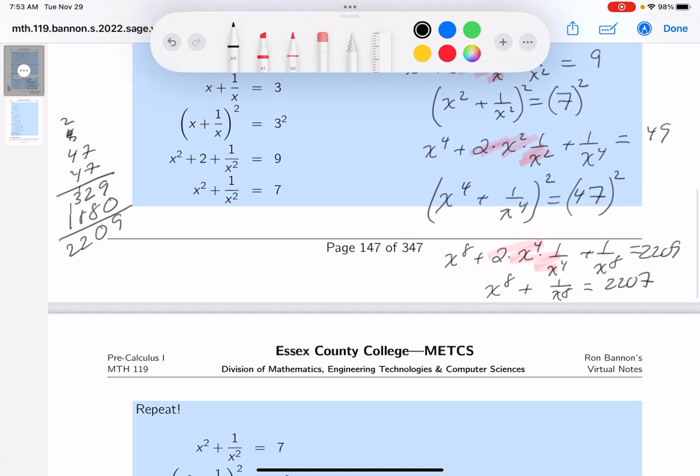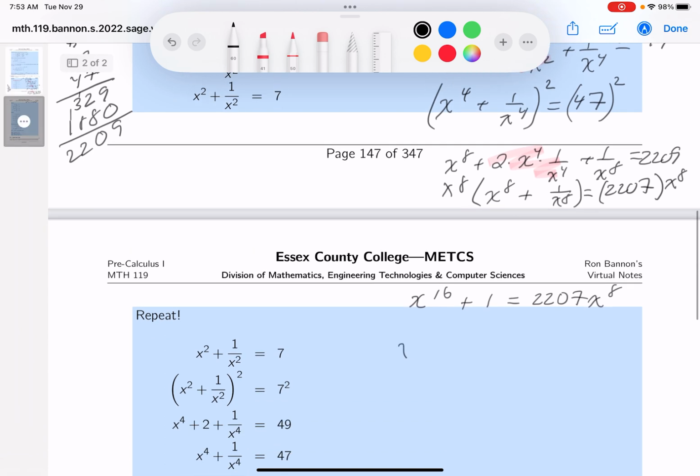So now I'm going to multiply both sides by x to the 8th. And what do you get? You would get x to the 16th power plus 1 equals 2207 x to the 8th. What I'm going to do now is subtract 2207 x to the 8th from both sides.